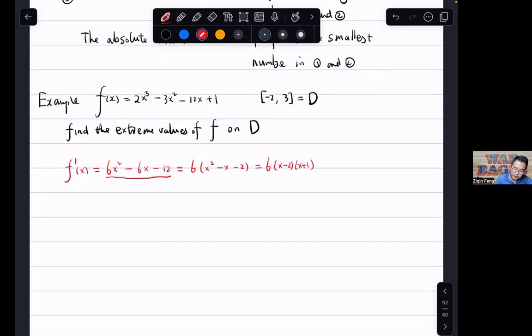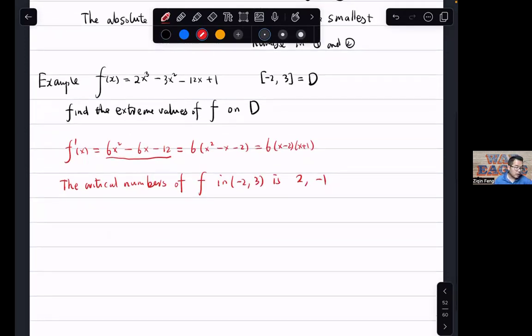So you get the critical numbers of f inside (-2, 3): either 2 or -1. If you have some number outside of the interval we are interested in, don't worry about that, but 2 and -1 are both inside.